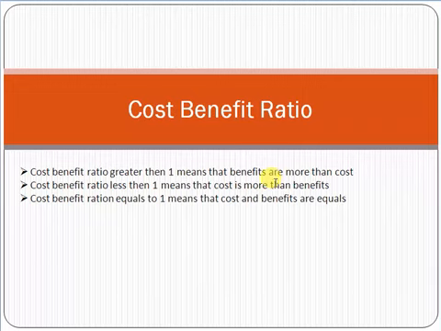Are you getting my point? A cost benefit ratio equal to 1 means the cost and the benefits which you will get from the project are equal. So this is basically a ratio.